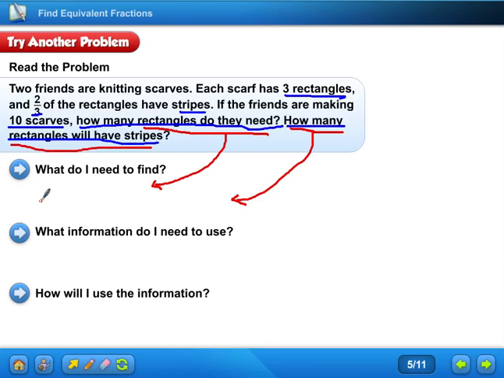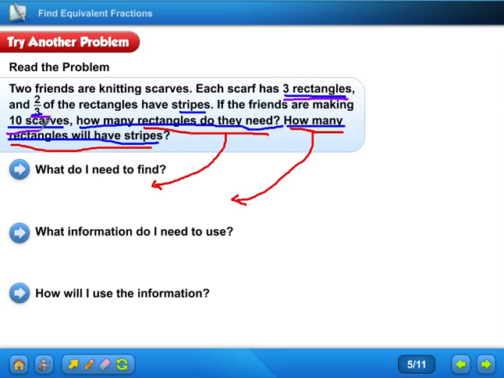Next, what information do I need to use? Each scarf has 3 rectangles. So this part I need to use for down here. Each scarf has 3 rectangles. 2/3 of the rectangles have stripes.